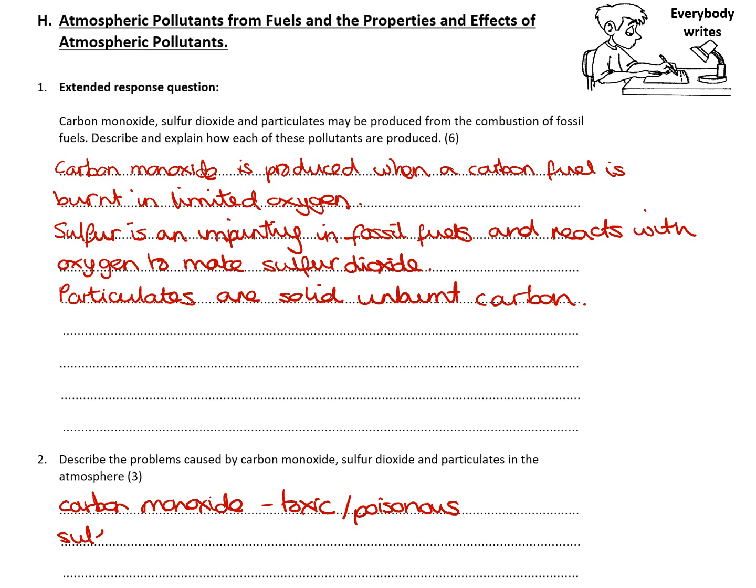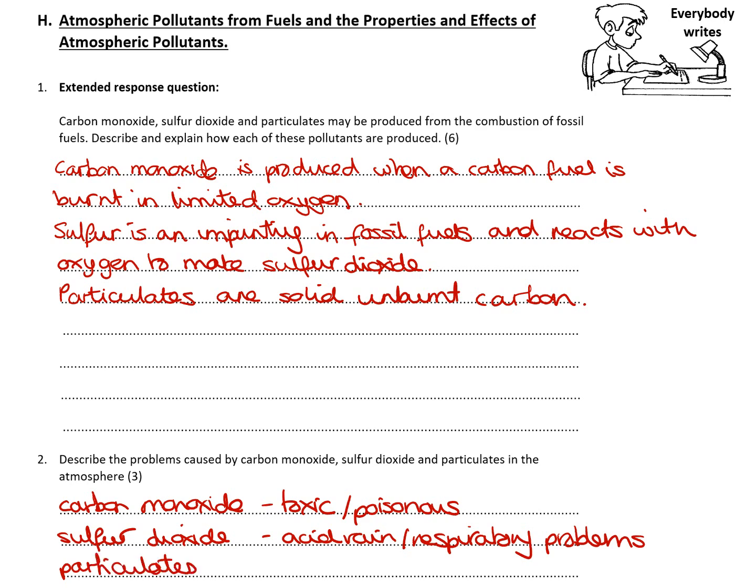Sulfur dioxide causes acid rain or respiratory problems. And then the particulates, they can cause global dimming and health problems.